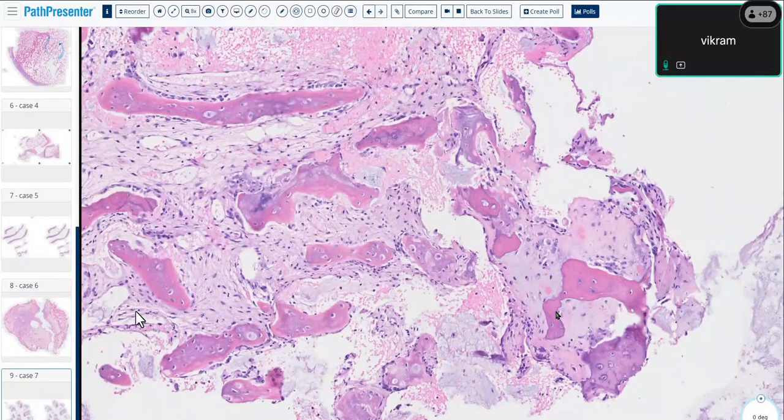Does anyone know, for a bonus question, how do you distinguish molecularly between a dedifferentiated chondrosarcoma producing bone and an osteosarcoma? A molecular test to distinguish dedifferentiated chondrosarcoma from osteosarcoma. You can sequence for IDH1 or IDH2.